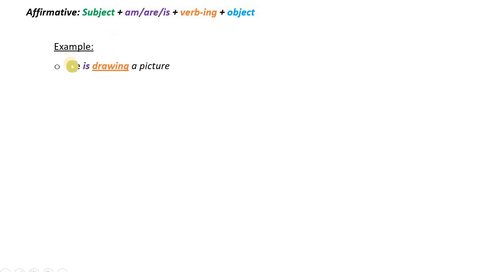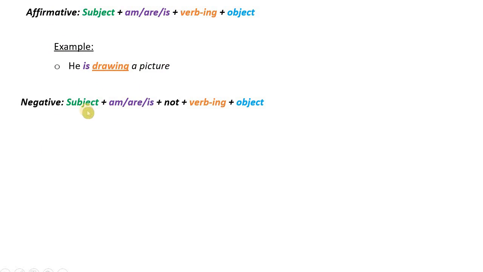So an example we have, he is drawing a picture. We have the subject, he, the third person singular pronoun, the auxiliary to be, and our verb in the ing form. The object here is a picture.